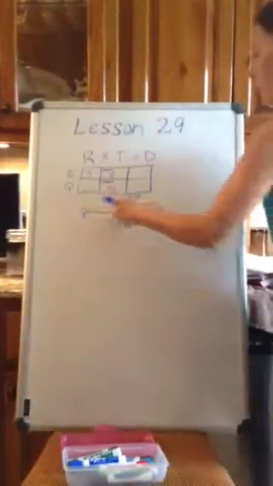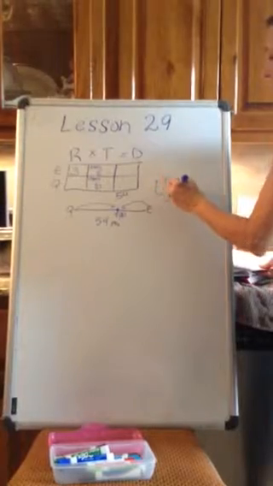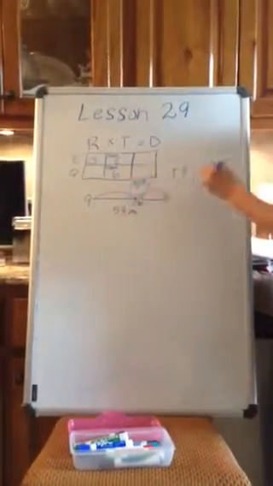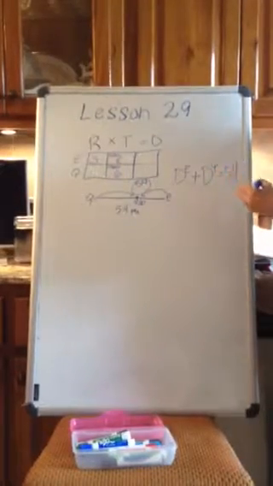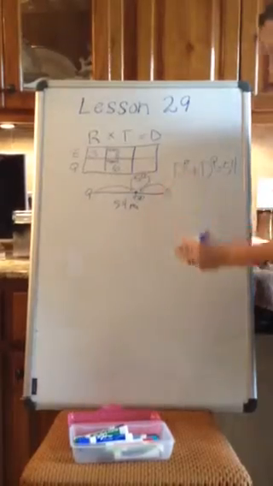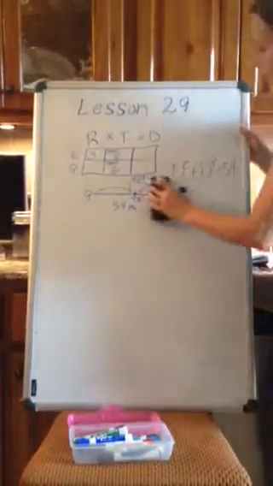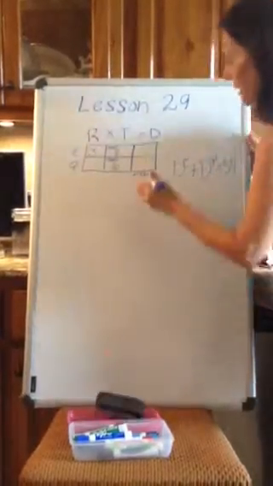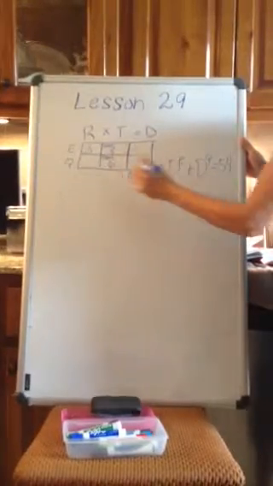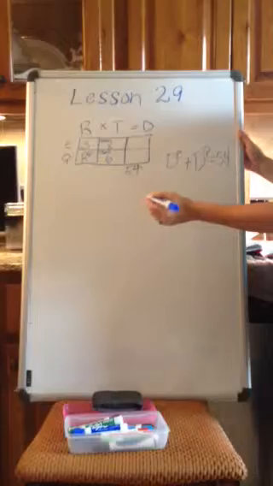So the total distance, the distance of Edward plus the distance of the Queen, was our 54 miles. And now we can substitute in for the distance of Edward and the distance of the Queen. I'll rewrite my 54 here, their rate times their time. And we're solving for the rate of the Queen.